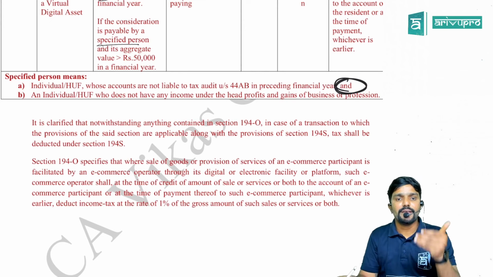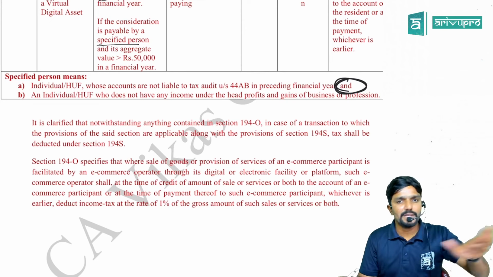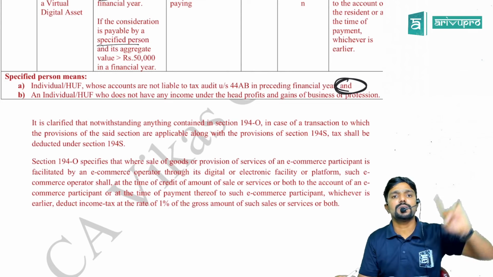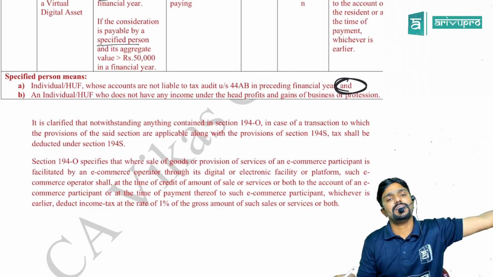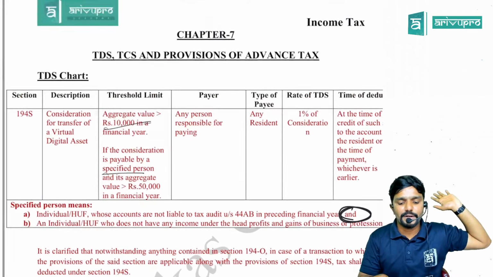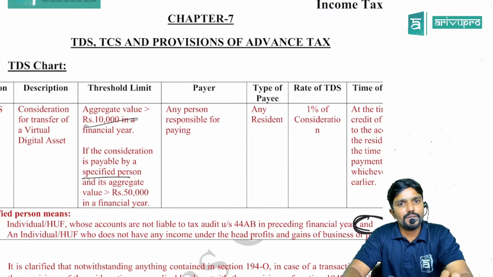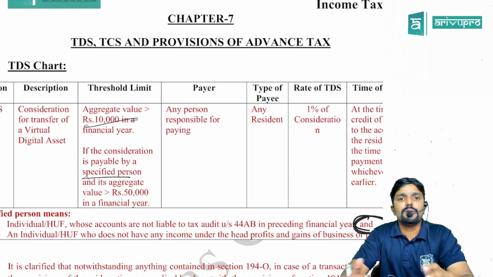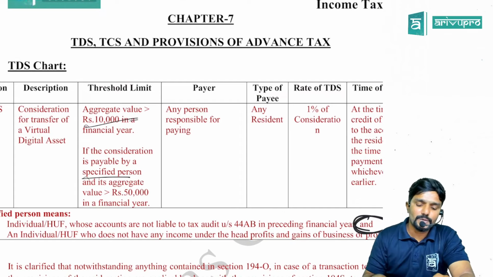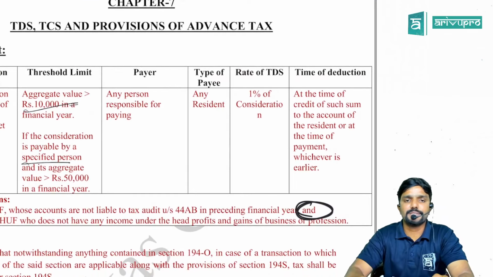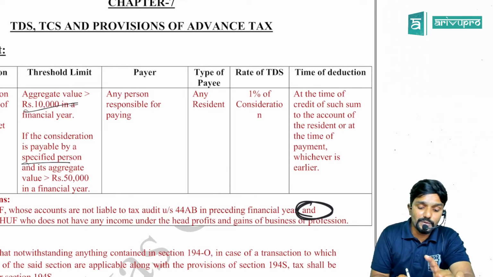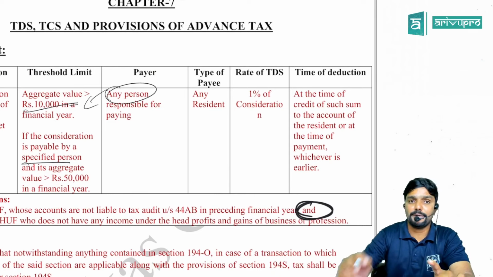Then for him, if he is the payer, the threshold limit applicable would be 50,000, or else it will be 10,000, guys. So who should be the payer? Any person. And depending upon who this person is, there is a threshold limit.